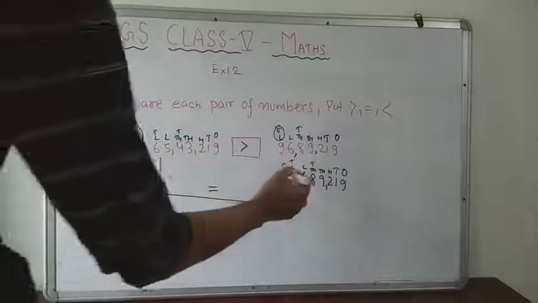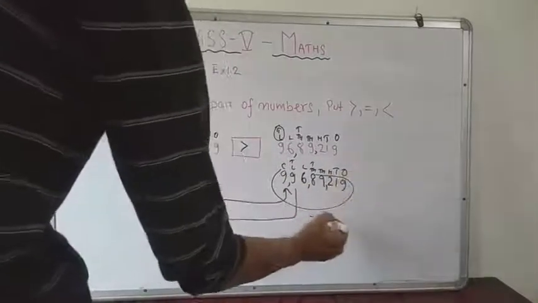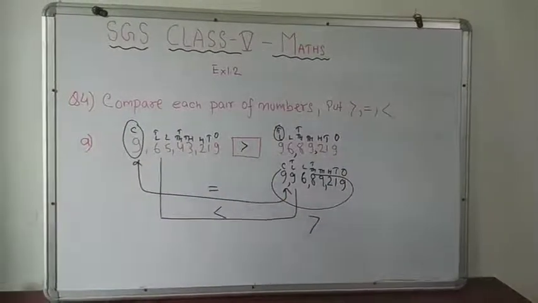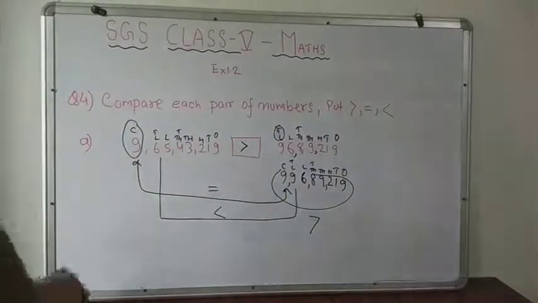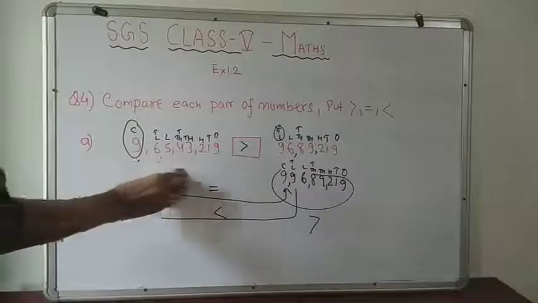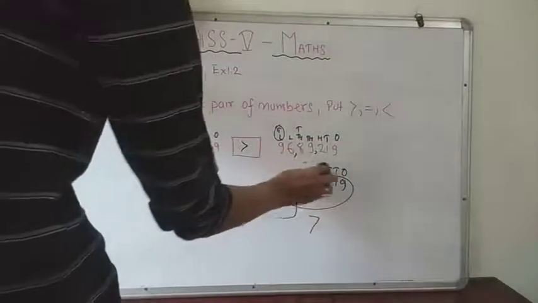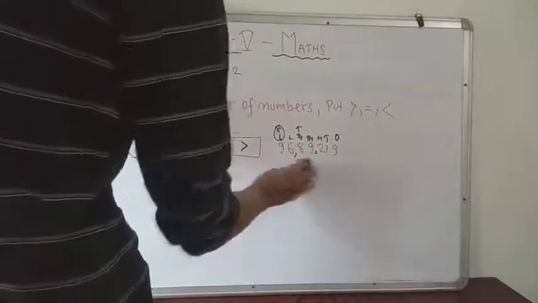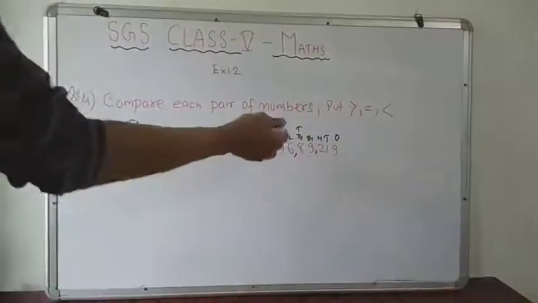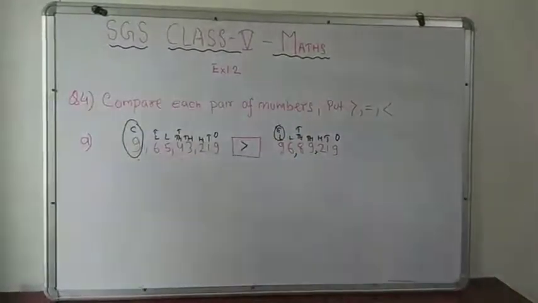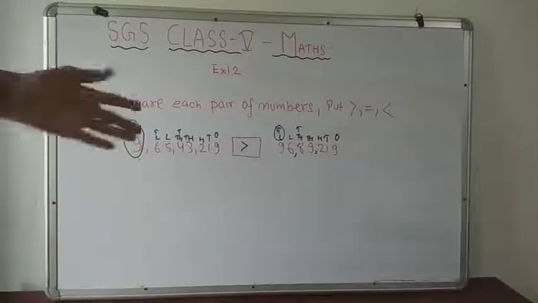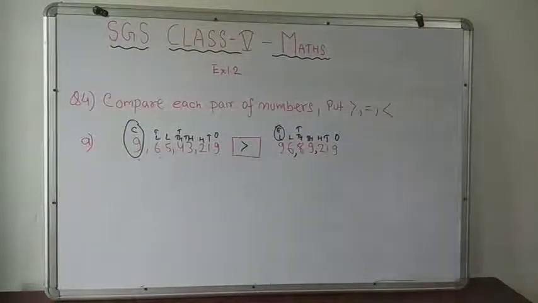Then we can say that this number is greater than that number. But in our question, this case is not given. It has one digit less, so we can easily say that this number is smaller than the other. By following this approach, you can easily solve greater than, less than questions in your exercise. I hope you understand. Now we are going to move on to the next question.